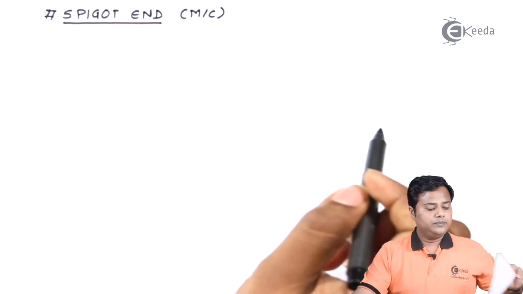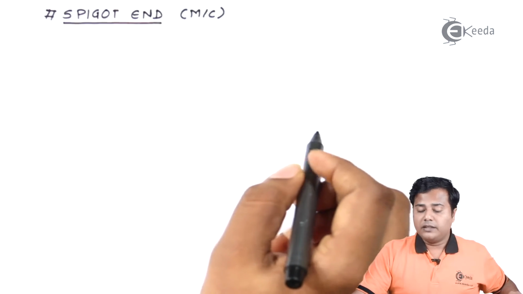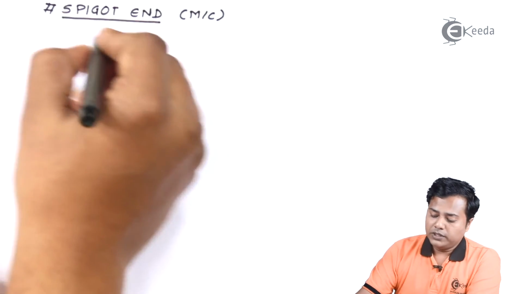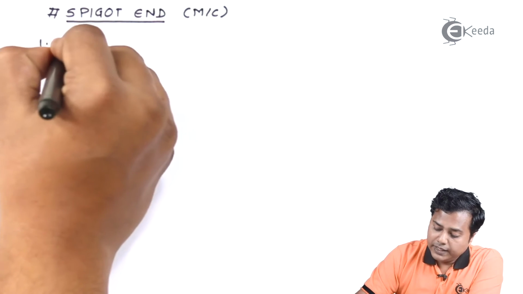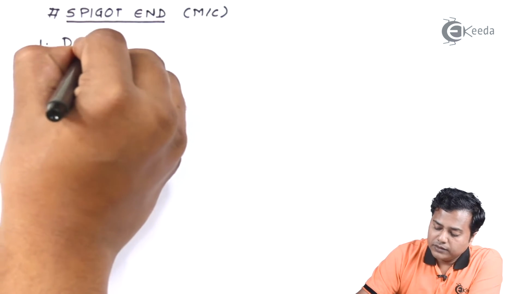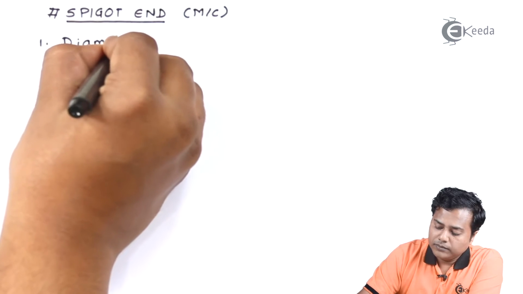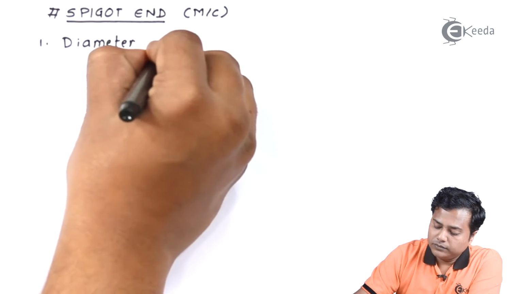Let's move ahead. The first formula of spigot end is diameter of the rod.